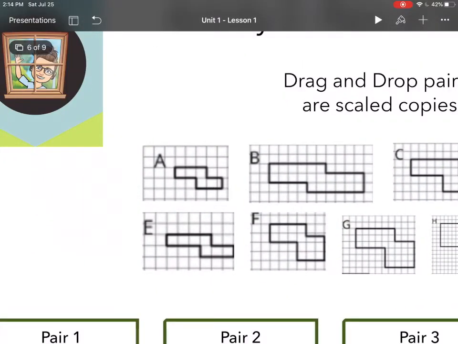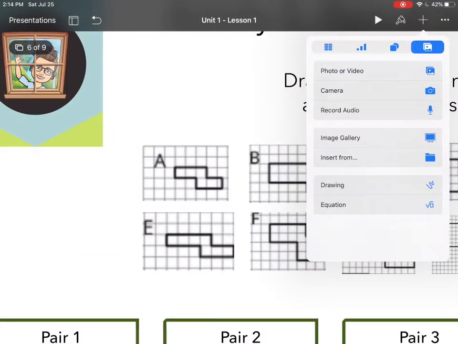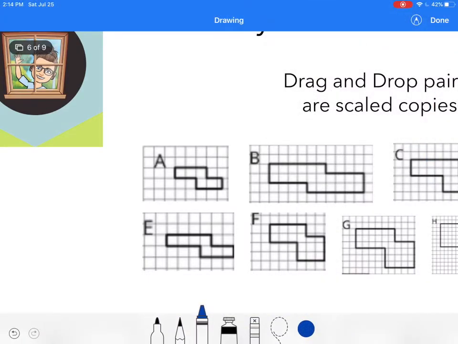In this case, I want to think, okay, it's got to be multiplied by the same size. So I'm going to turn my drawing tool back on. This is 1, 2, 3. This is a 1, and these are each 1, and this looks like a 2.5.